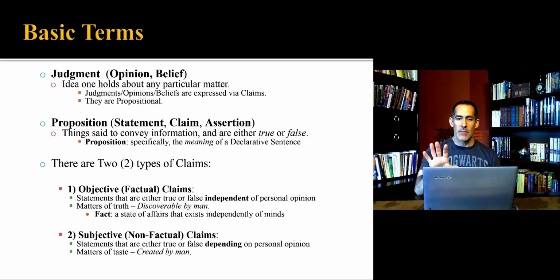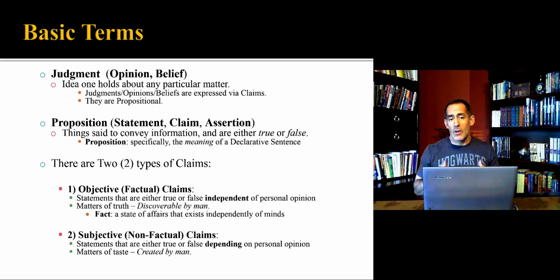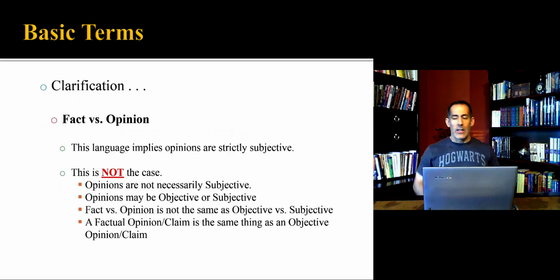And you may taste the same meal and have a very different opinion of it. You may say it tastes terrible, and that would also be true because that claim is true or false based on who's making it. That is what we would call a subjective claim. So objective claims are discoverable by us, and subjective claims are really created by us.